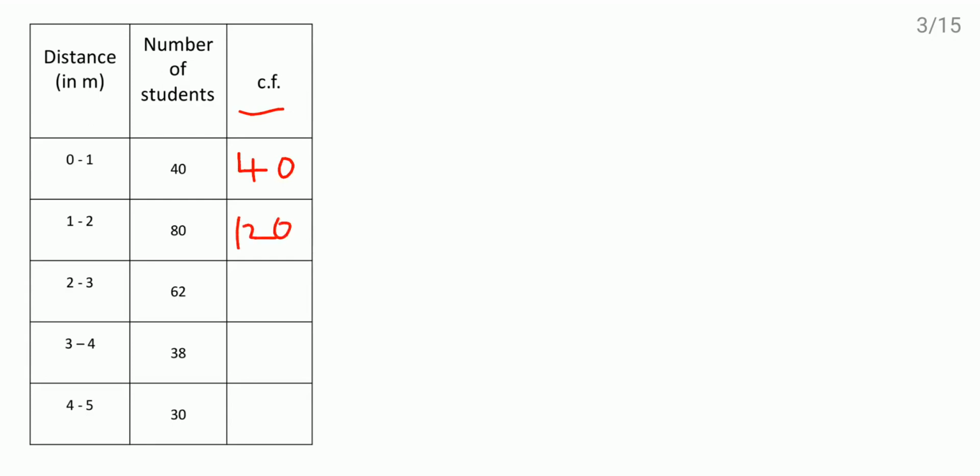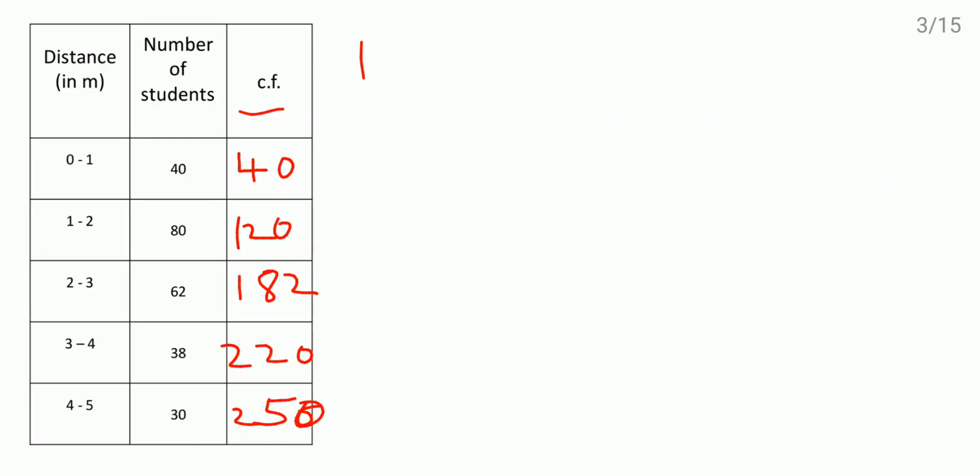Now 120 plus 62, so it will become 182. 182 plus 38 becomes 220. Now 220 and 30, it became 250. Okay, here 250. So the total number of students is 250.